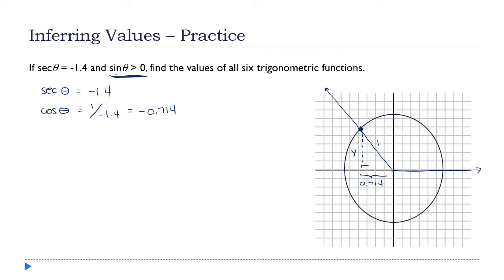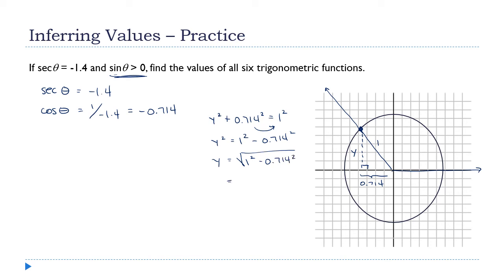And again, right, we've got a right triangle here, so I'm going to use the Pythagorean theorem. y squared plus 0.714 squared equals 1 squared. So move the 0.714 over. y squared equals 1 squared minus 0.714 squared. And then I'll take the square root of both sides.